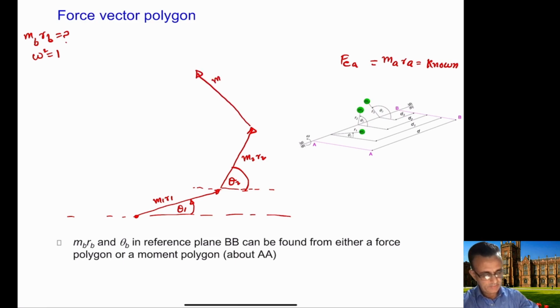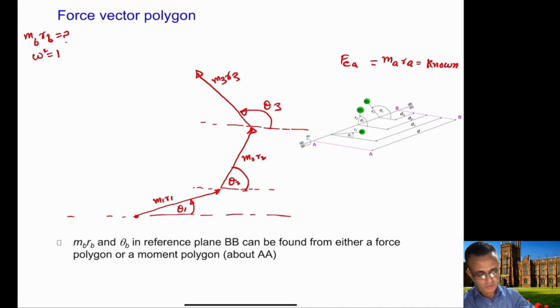And finally, we have M3R3, and the direction is obviously from this, our theta 3. Okay, so now we also have a force which was at this location here, at location A. So we should also add that force here.